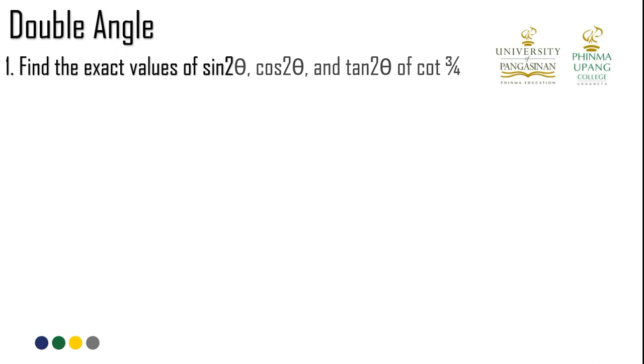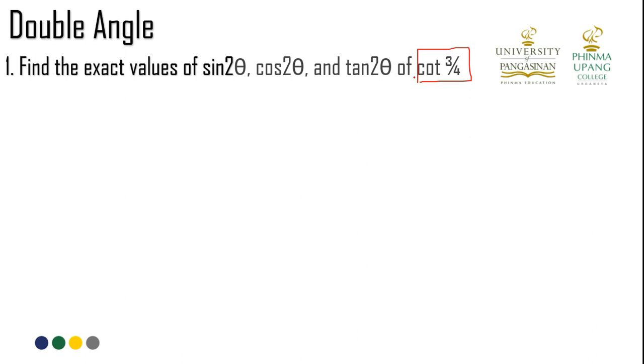We're going to find the exact values of sine 2 theta, cos 2 theta, and tan 2 theta of cotangent theta equals 3 all over 4. So paano po ba sagutan itong problem na to? Let's start by observing the cotangent 3 all over 4.